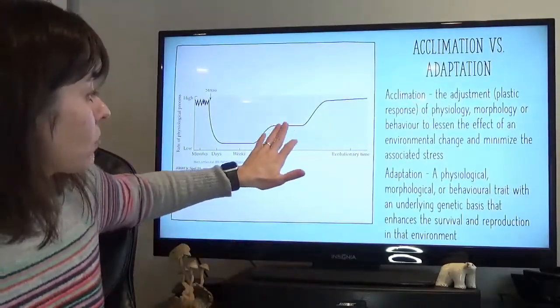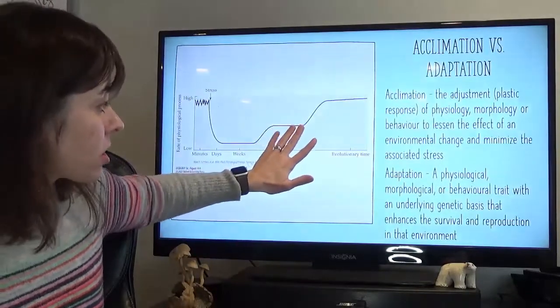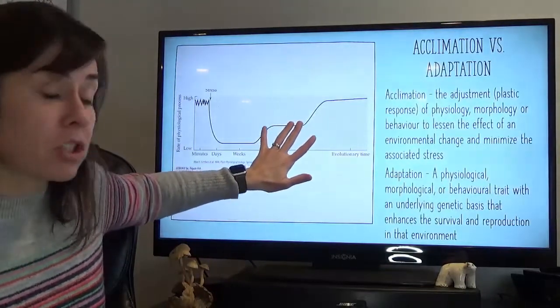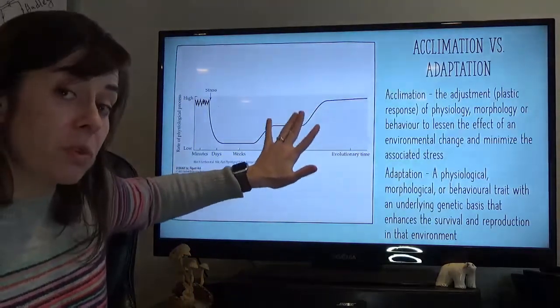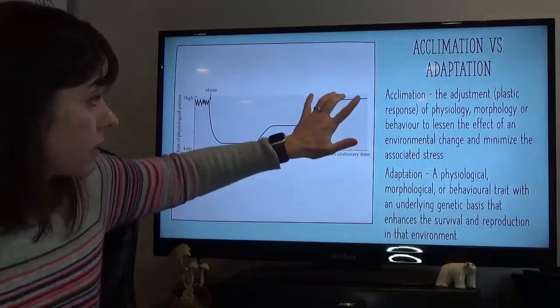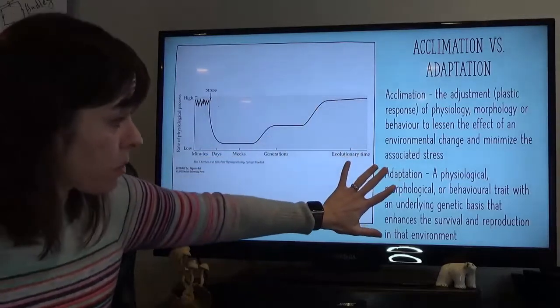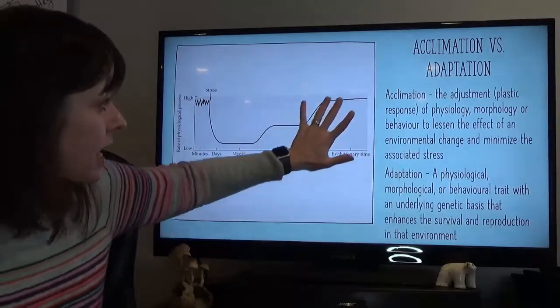And over the course of generations, we may start to see a change in the way that population responds to this particular stress.